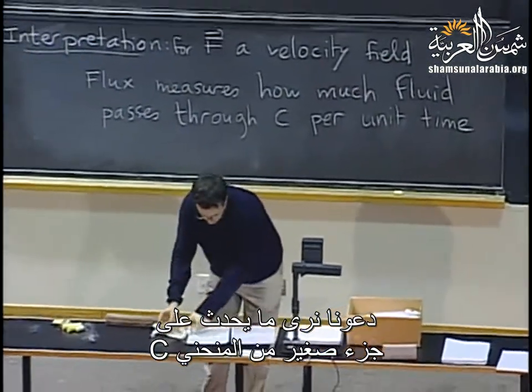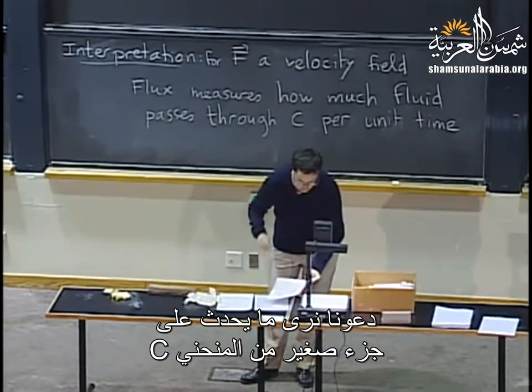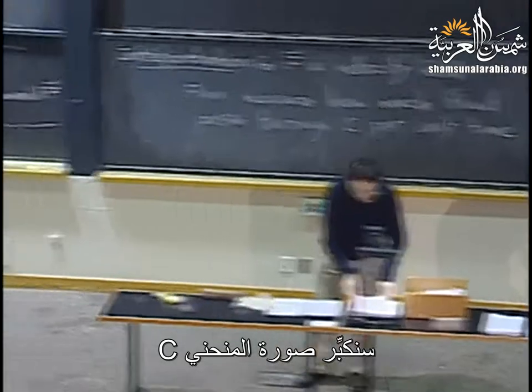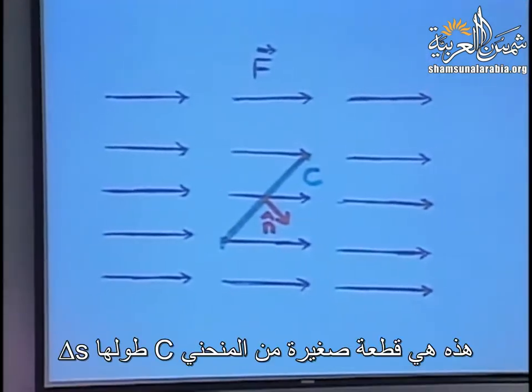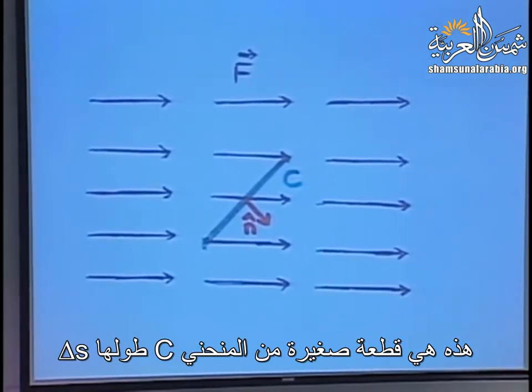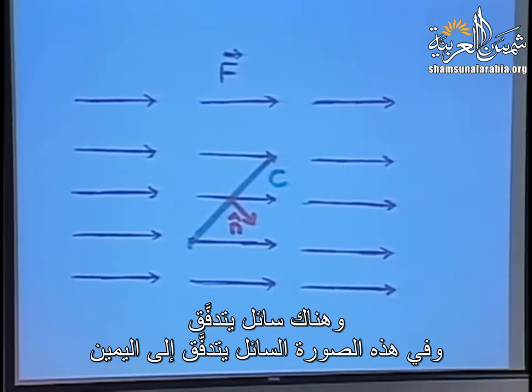So let's look at what happens on a small portion of our curve C. So I'm zooming in on my curve C. Okay, so that's a little piece of my curve of length delta S, and there's a fluid flow.